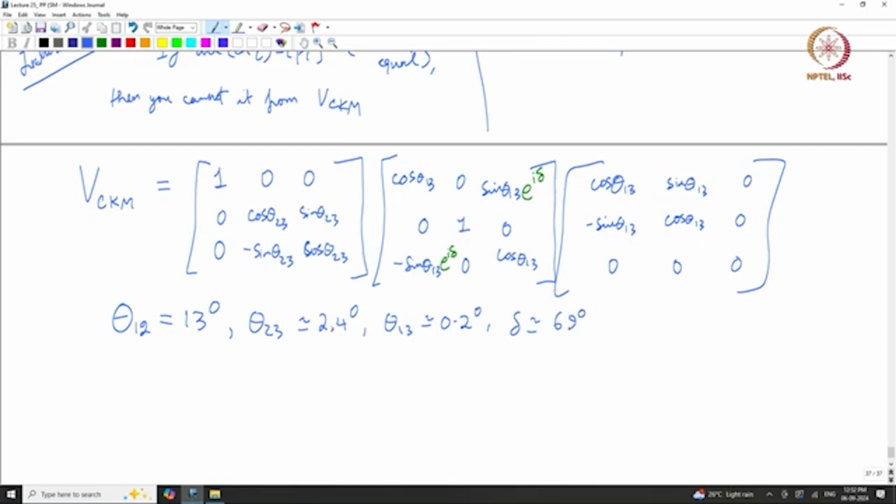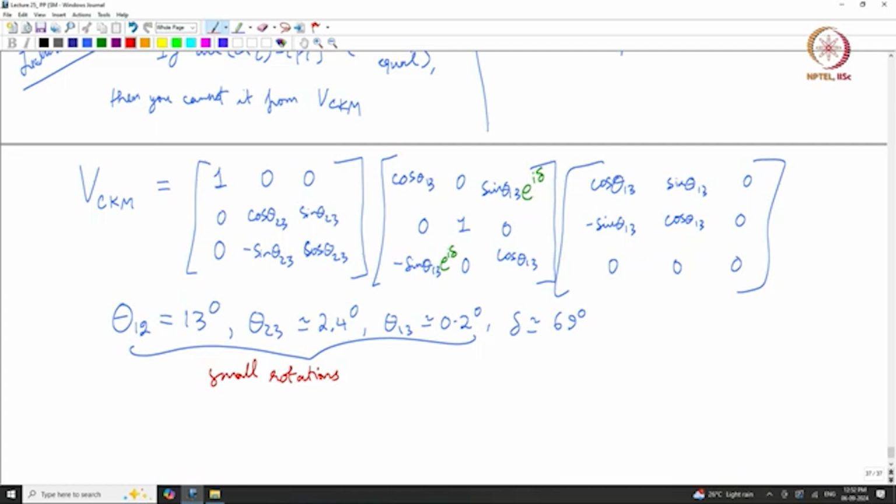What does this mean? It shows that these are all small rotations. That is, there is not too much of the down quark in the strange quark, there is not too much of the B quark in the down quark, and so on, when you switch bases from interaction to mass bases.